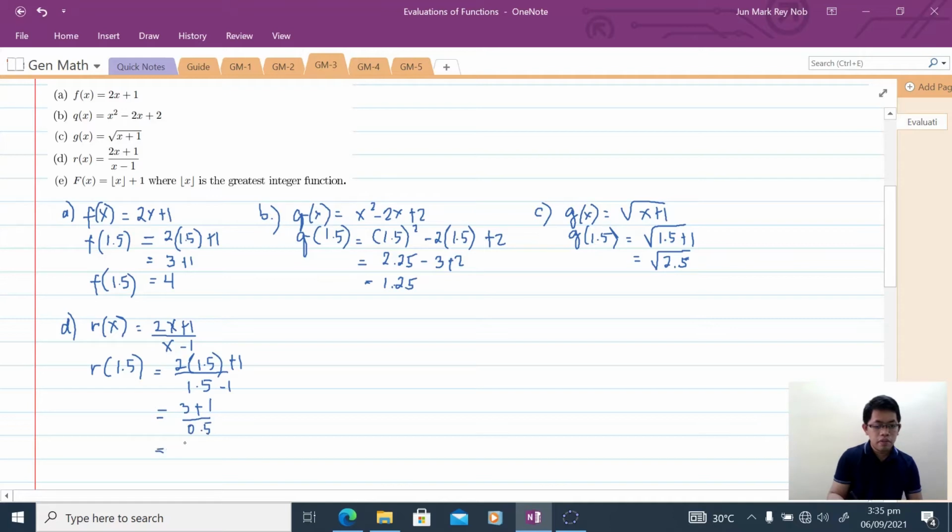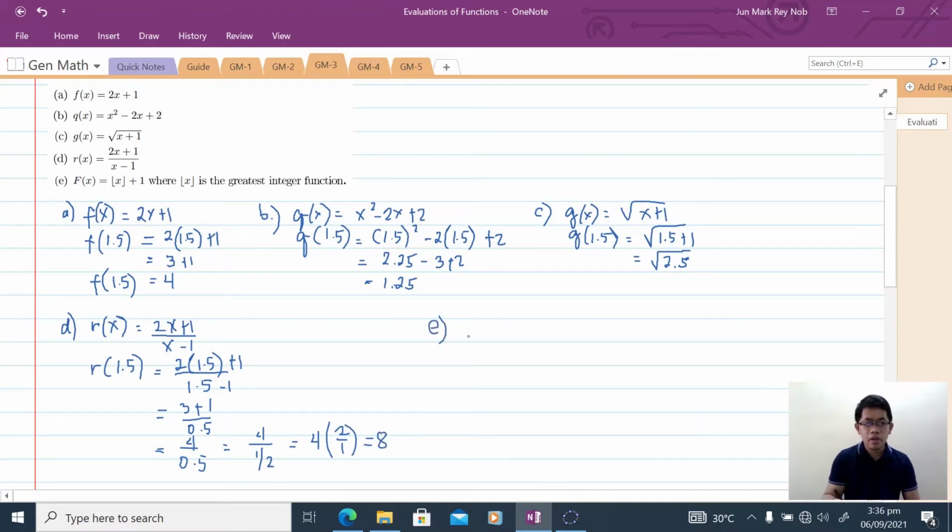So that's actually 4 over 0.5. And actually 0.5 is just the same as 1/2. So when we divide a fraction by a fraction, we can simply change the operation to multiplication, but we just take the reciprocal of the divisor. The reciprocal of this is 2 over 1. So that's basically equal to 8.